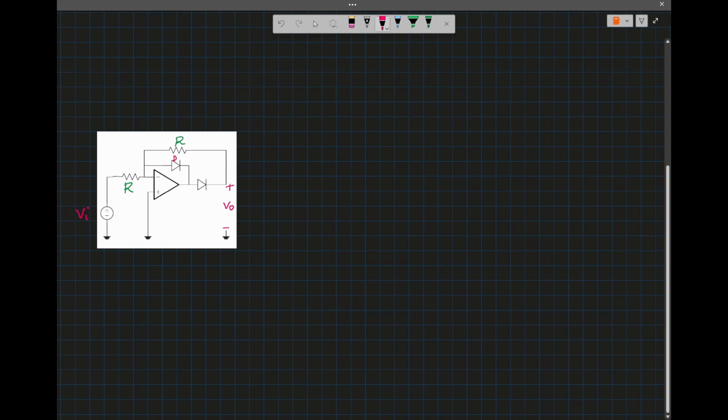Call this D1, call this D2, and the goal is to sketch the transfer characteristic and find VA, which is the voltage at this point, VA.